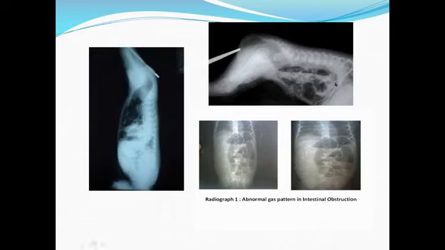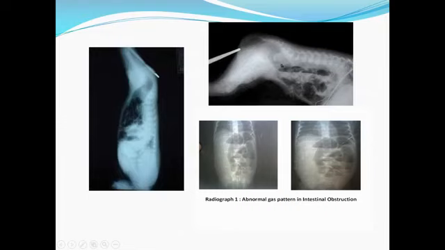The position is like this, the jackknife position, by keeping a sandbag below the chest wall, with the baby kept in prone position, and you can take an X-ray, and it may avoid some complications which are common in the invertogram X-ray.